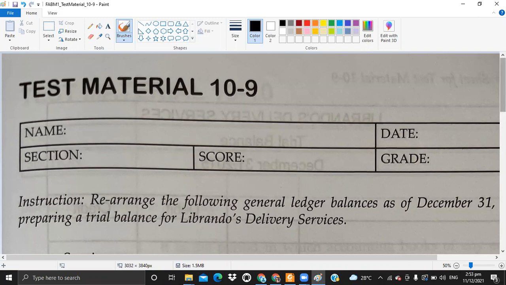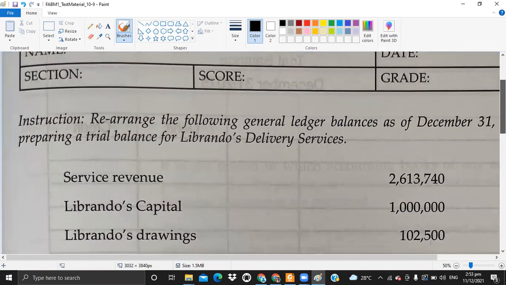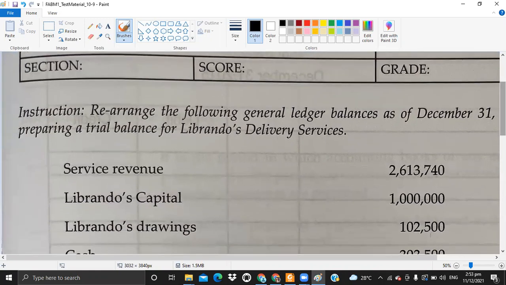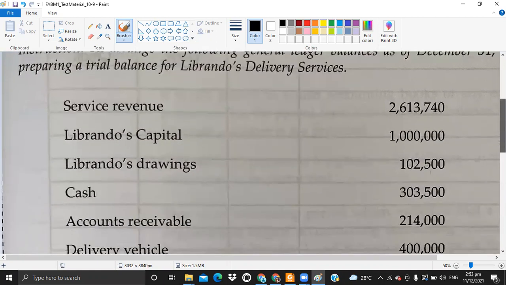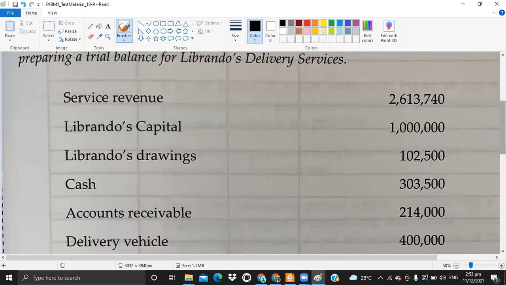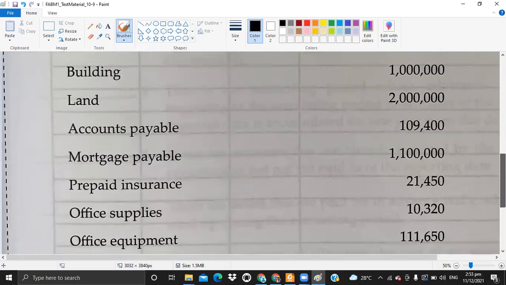When we say trial balance, it's like a balance sheet. Another word for it is the balance sheet or the financial position, where we can see the asset, liability, and equity. So you just need to arrange this.